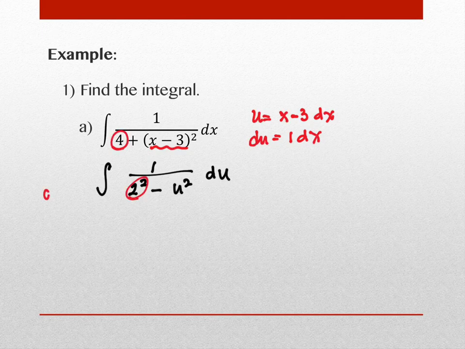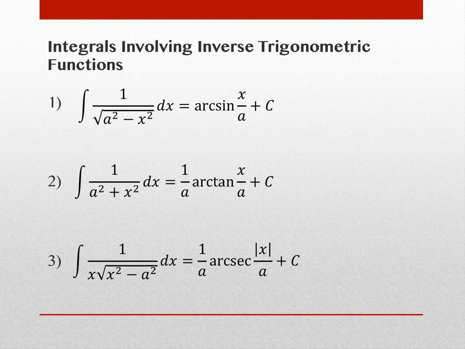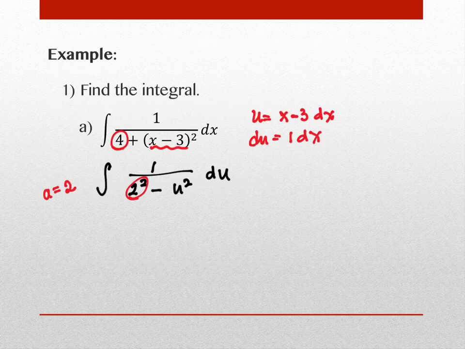So my a, we'll note over here to the side, is actually 2. It's the first piece that's being squared. So in the arctangent function's antiderivative form, it says we're going to do 1 over a. So this is going to be 1 over 2 times the arctangent of the variable, which right now is u, over the a value, which is 2, plus c.